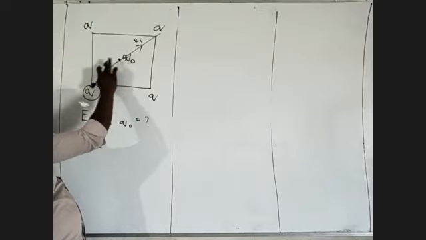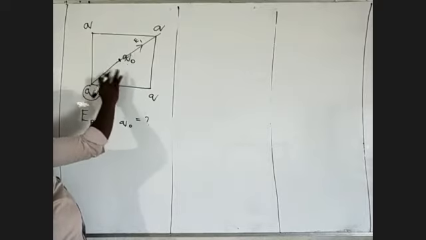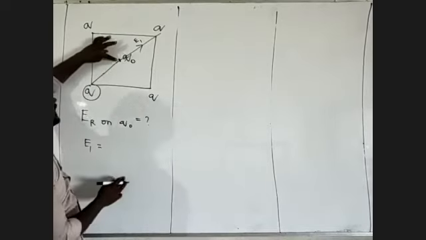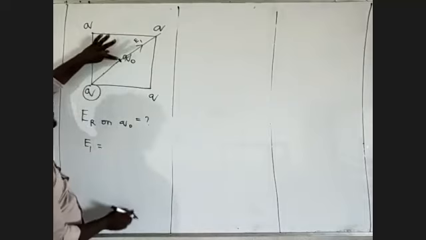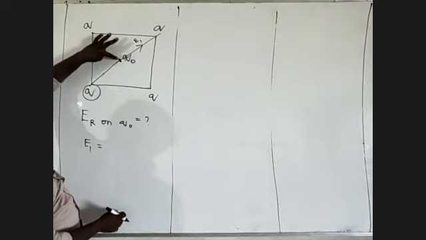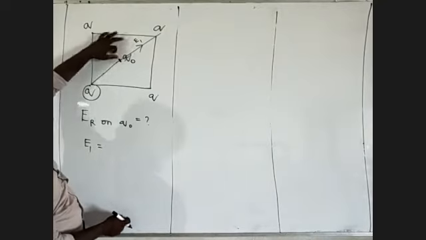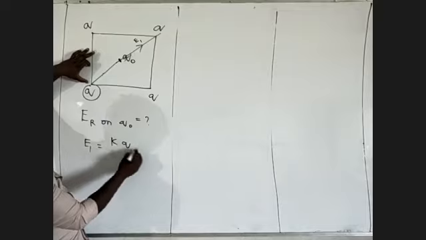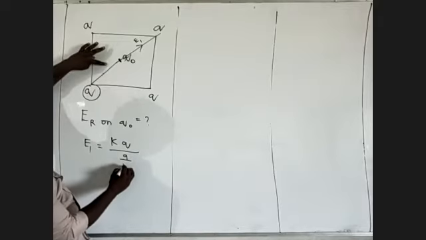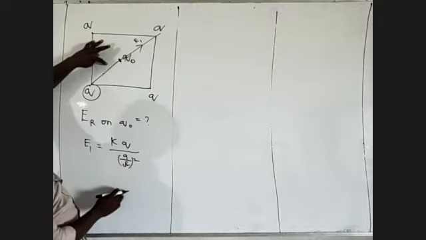Suppose, for example, first I am calculating E1. At this point we have to calculate E1 due to the charge. That is KQ by the distance between them, A by root 2 whole square. Distance between two charges is A by root 2.